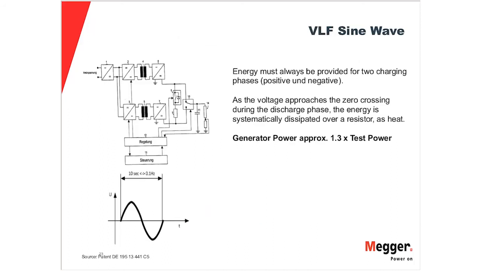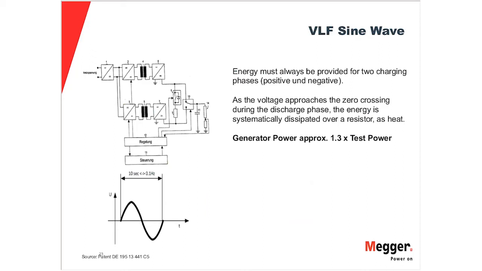Okay, what is the wave shape of these different modules? So first of all, we have a sinusoidal waveform, positive power supply, negative power supply. In ideal case, VLF sinusoidal is at 0.1 Hz, and if you divide 1 over 0.1 gives you a cycle time of 10 seconds, means this cycle is equal to 10 seconds here.